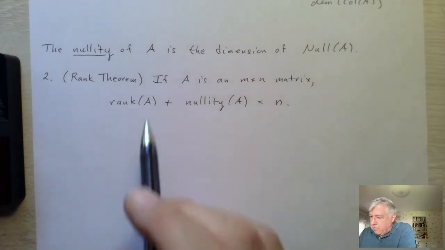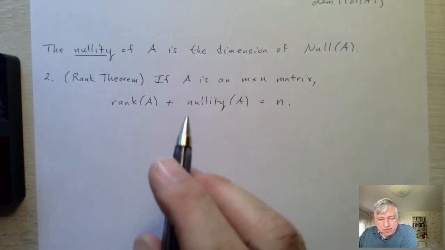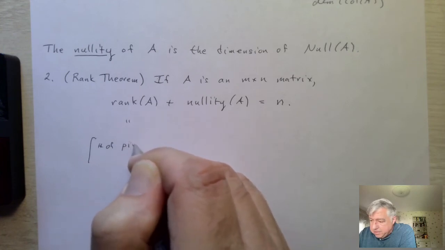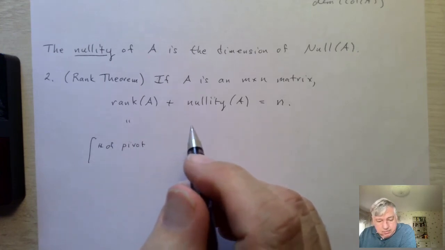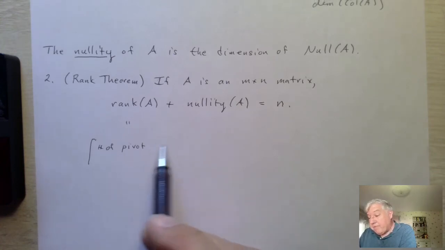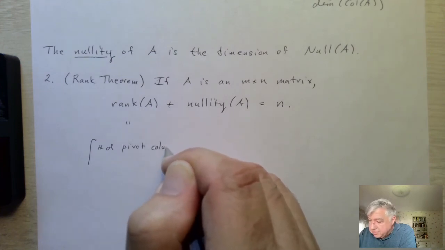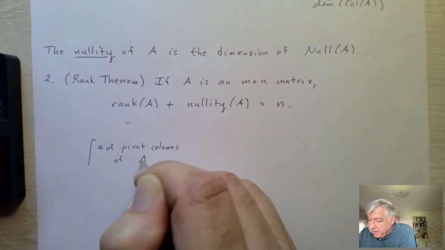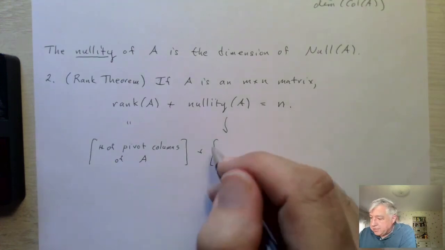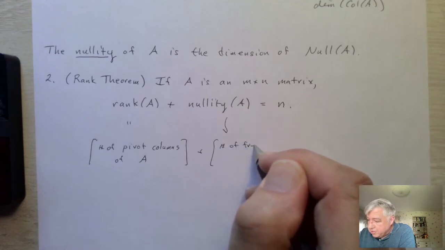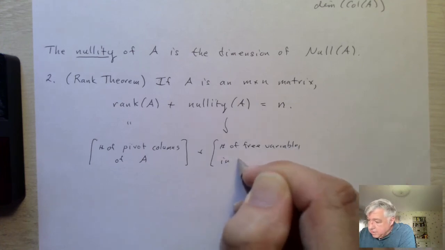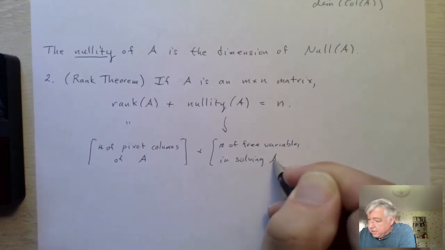And the reason why that is true, well, we just found that the rank is equal to the number of pivot rows, but it's also equal to the number of pivot columns of A. And the nullity is the dimension of the null space, which is the number of free variables in solving AX equals 0.